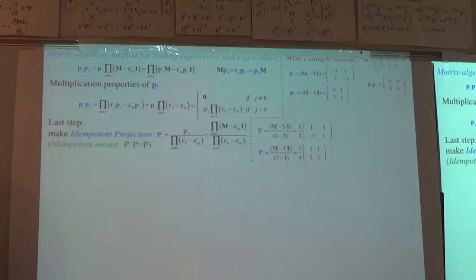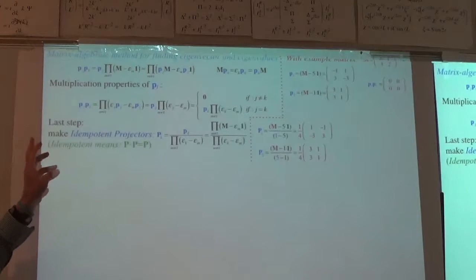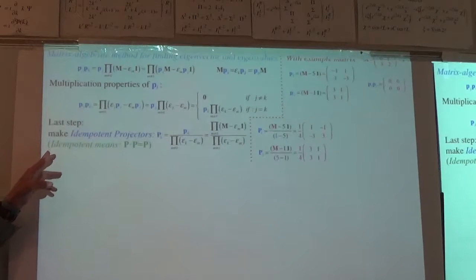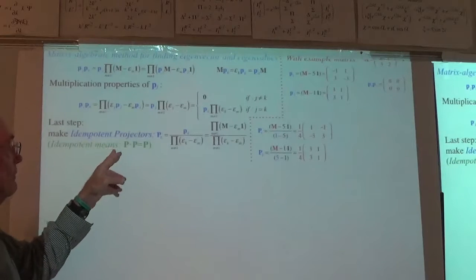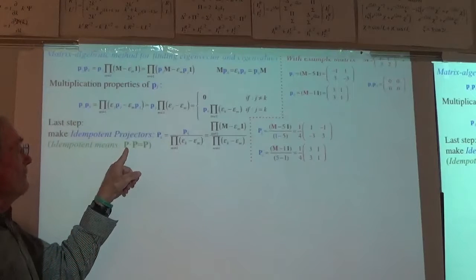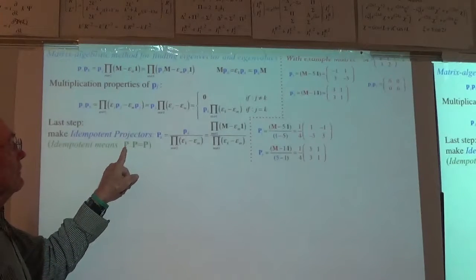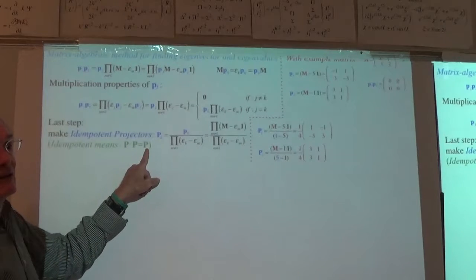That's something else again. Or nilpotent ones, which we'll talk about a little bit later. The word idempotent means that if you multiply the operator P by itself, you give it back again. It's like 1. 1 times 1 is 1, right?